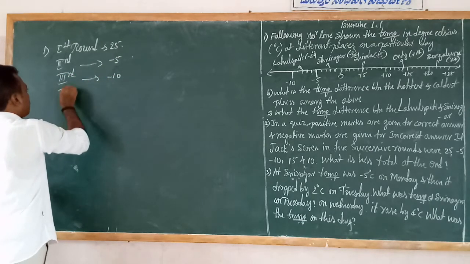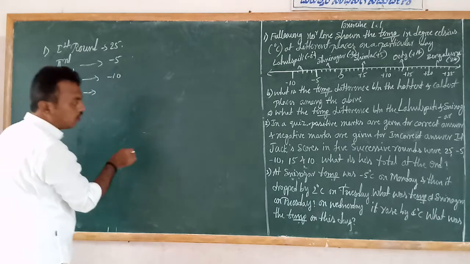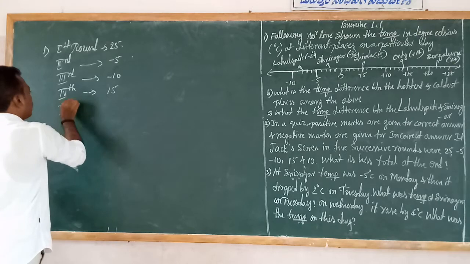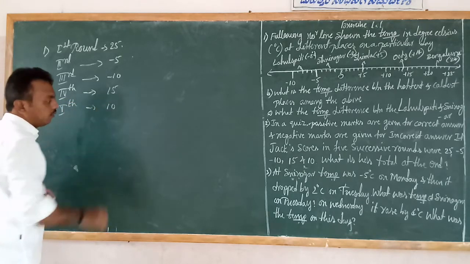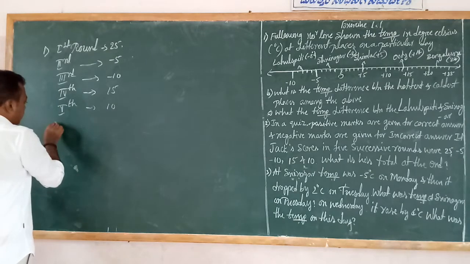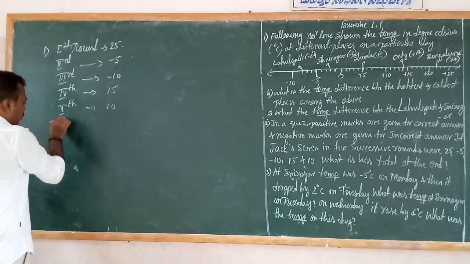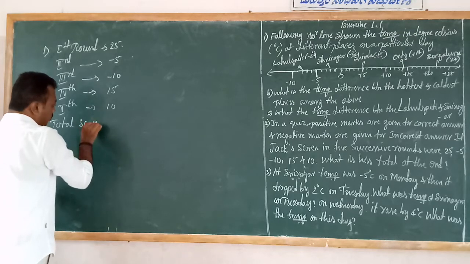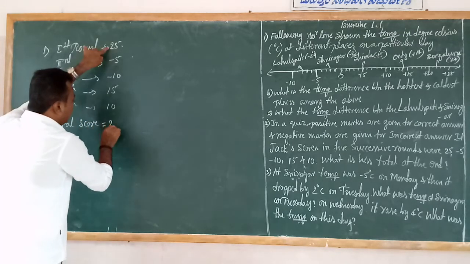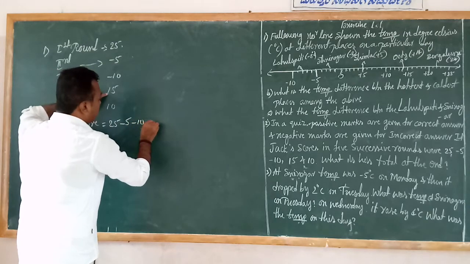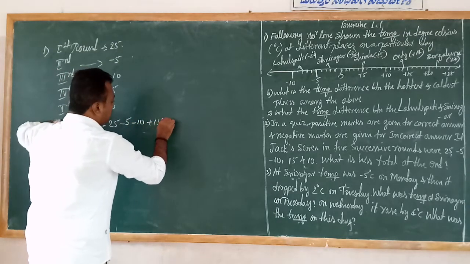Fourth round is 15. And then fifth round is 10. Now what is the total score at the end? So first, 25 minus 5 minus 10 minus 10, after plus 15 and plus 10.